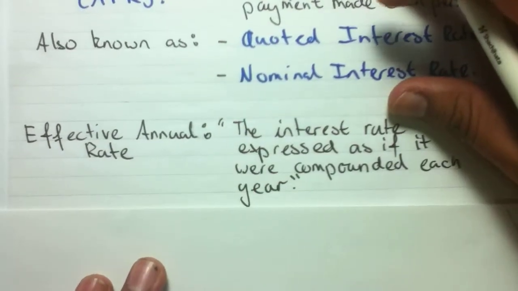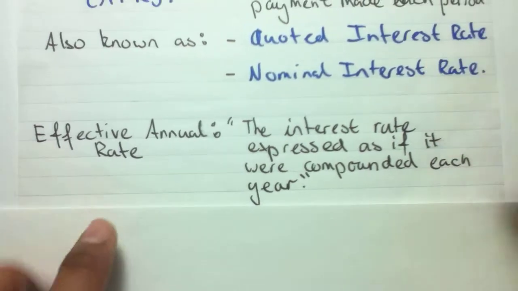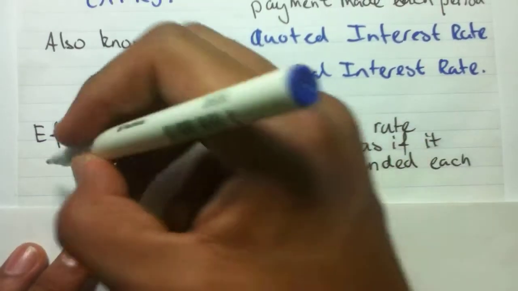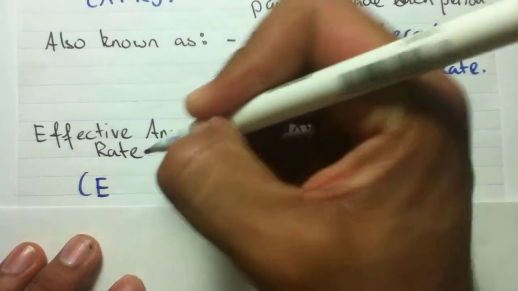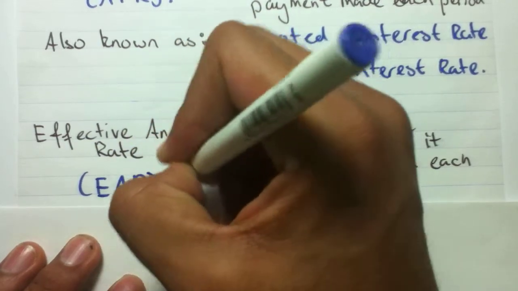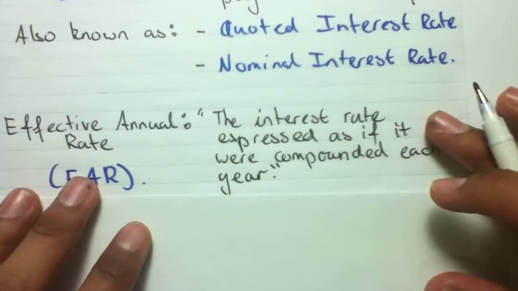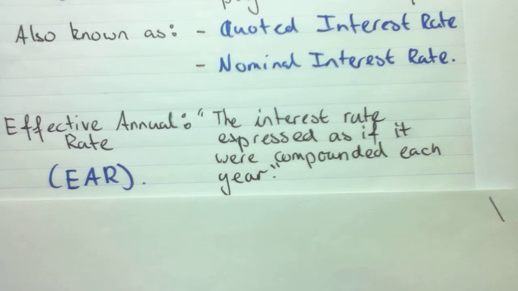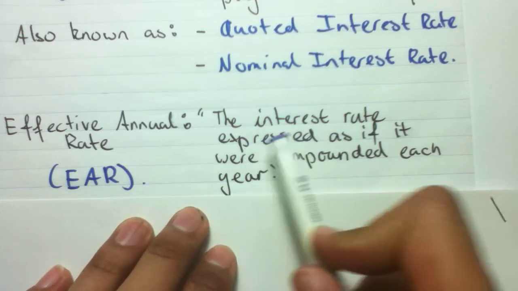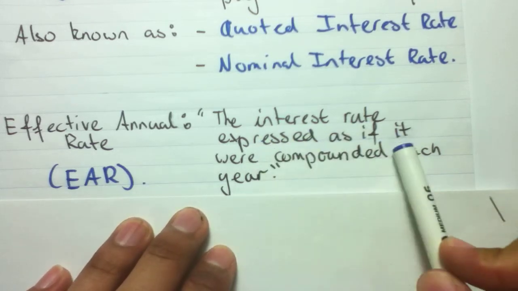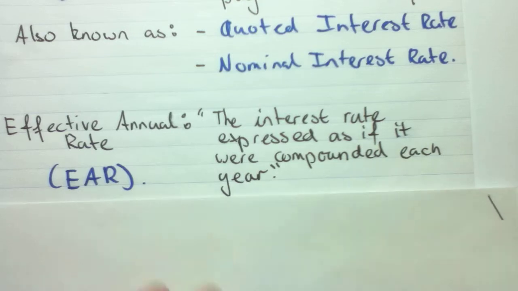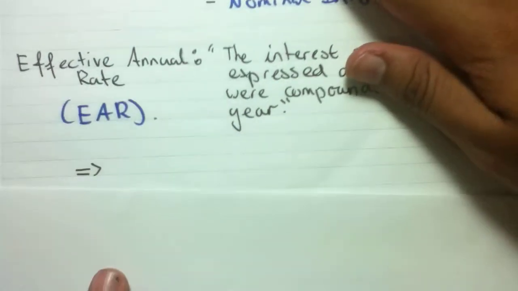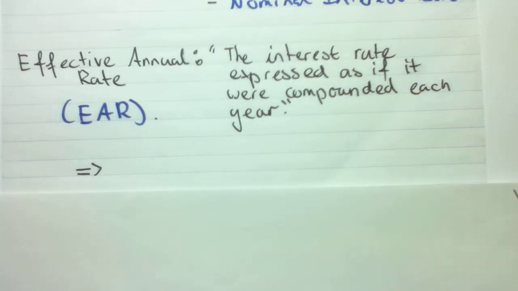But what's of more importance in this objective is the effective annual rate, also known as EAR. Now, the effective annual rate is the interest rate expressed as if it were compounded each year. Okay, so what does this actually mean? I'll explain it in an example so you can get a better understanding of what I'm talking about.